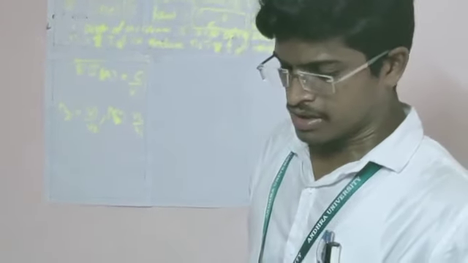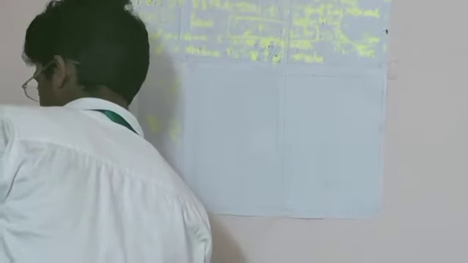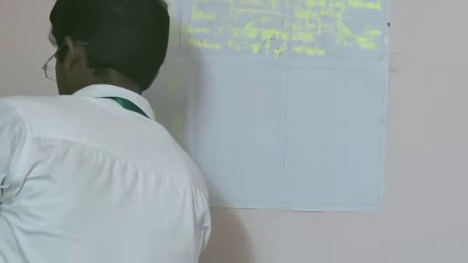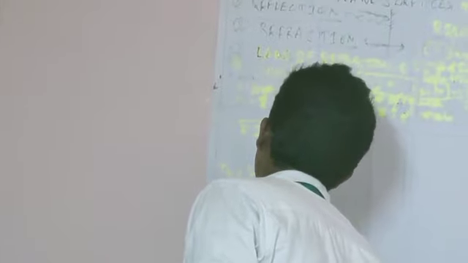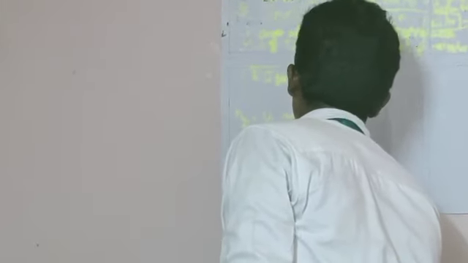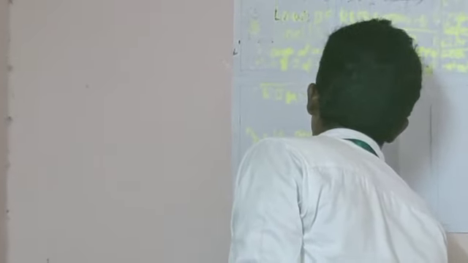See, further we will derive N21 by dividing the numerator and denominator by C, that is the speed of light in vacuum.